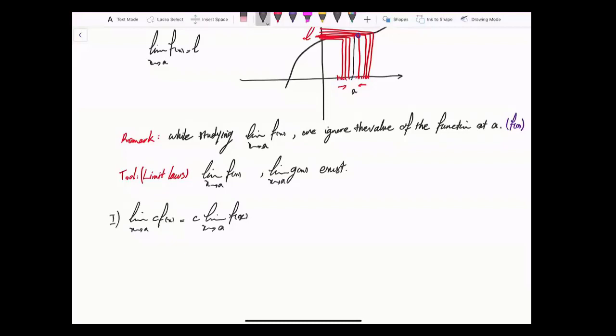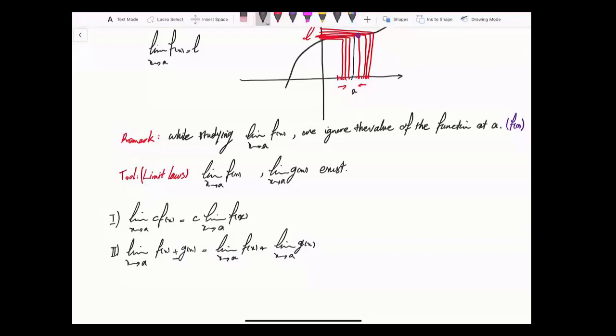It's called constant multiple. The second thing is, what if you're trying to find the limit of the sum of these two functions as x approaches a? This will be the sum of the limits of these functions, as x approaches a.